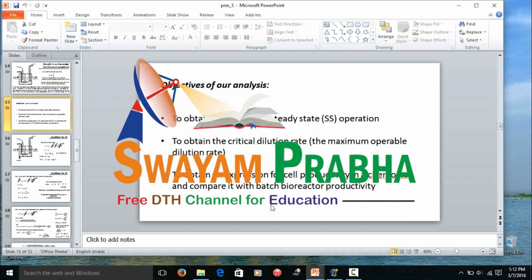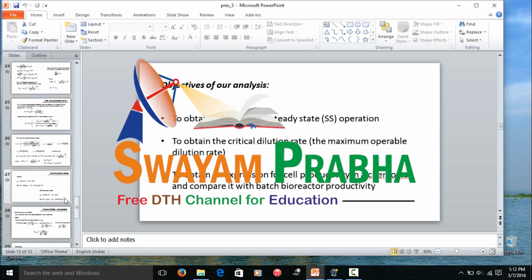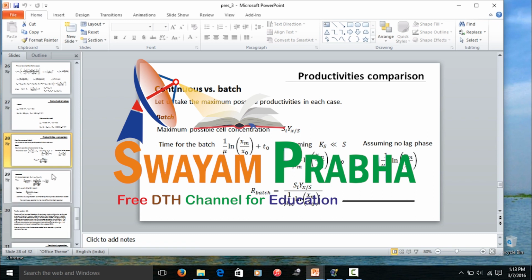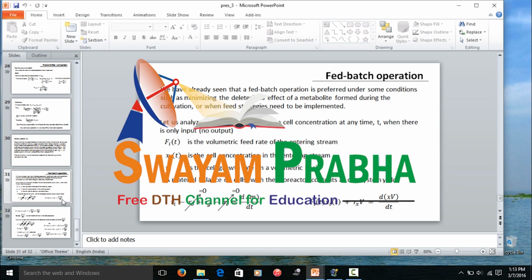by the cell. And then we said that a chemostat is inherently 3 to 4 times more productive than a batch bioreactor. Although it's a lot more difficult and a lot more intensive to operate a chemostat. Then we looked at means of analysis. We of course worked out some problems. Then we looked at the analysis in brief of a fed batch operation where there is only input.